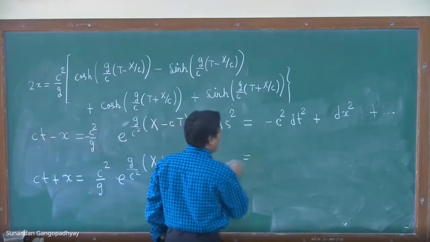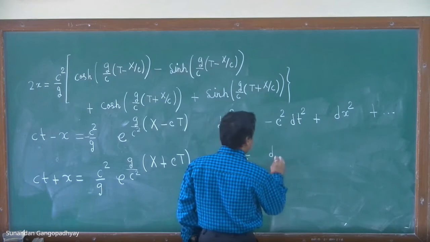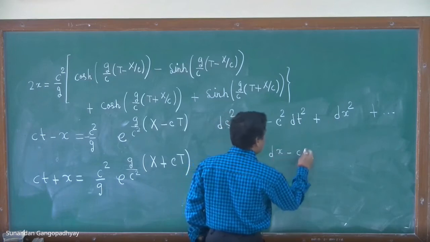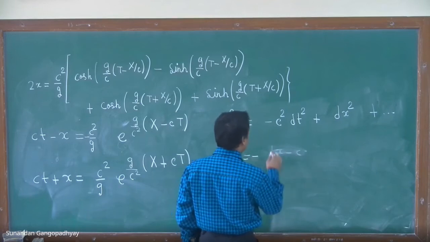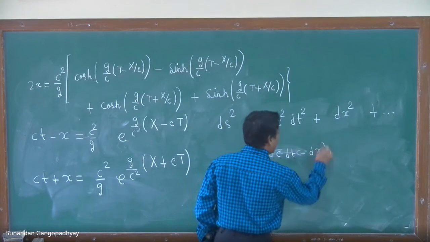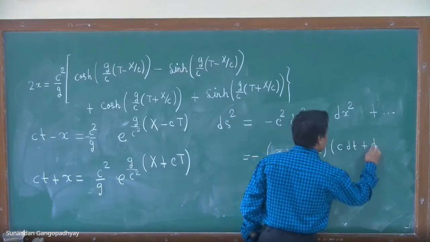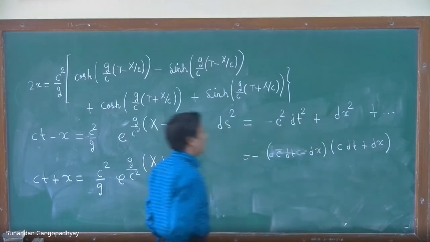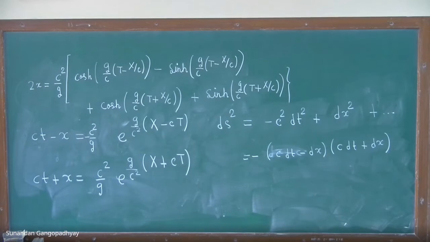This you can write down as minus (c dt minus dx) times (c dt plus dx). This is the line element in the inertial frame.